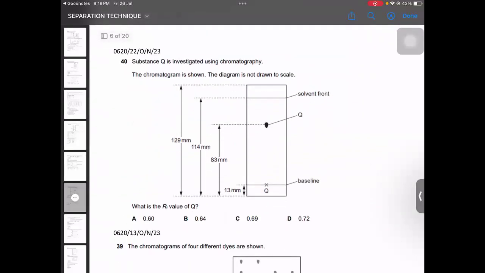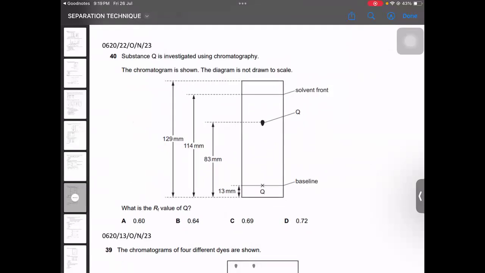Paracetamol. Okay, see this. Obviously this is your screen, so you can't calculate the RF value.